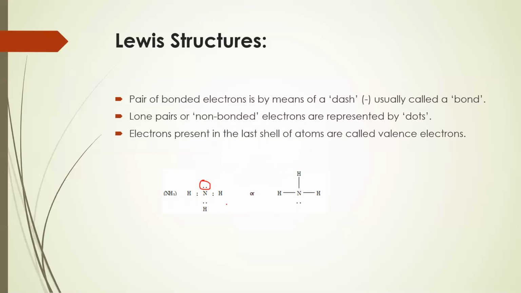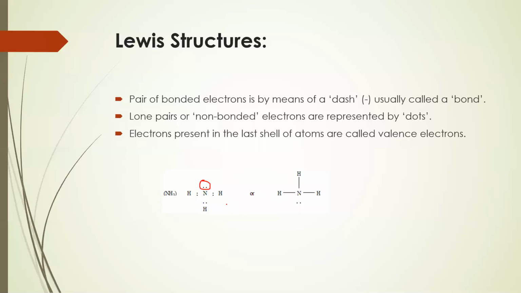Now the central atom for ammonia is nitrogen. The atomic number of nitrogen is 7. Therefore, its electron configuration becomes 2, 5. Now, as it has 5 electrons in its outermost shell, those 5 electrons are known as valence electrons.